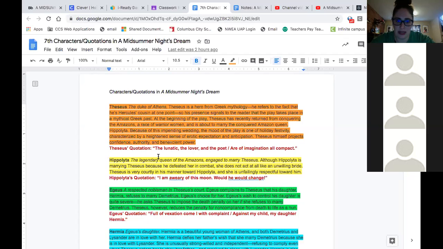Because of this impending wedding, the mood of the play is one of holiday festivity, characterized by a heightened sense of expectation and anticipation. Theseus himself projects confidence, authority, and benevolent power. Do you know what benevolent means? No. Kind. So he's kind and fair in his power, in his ruling.